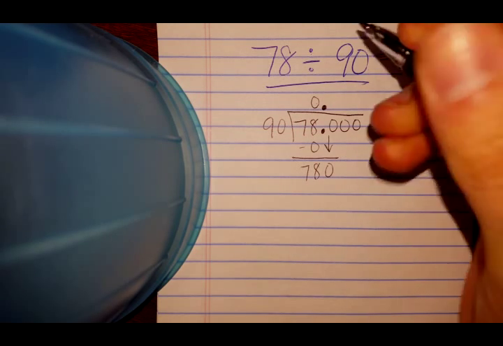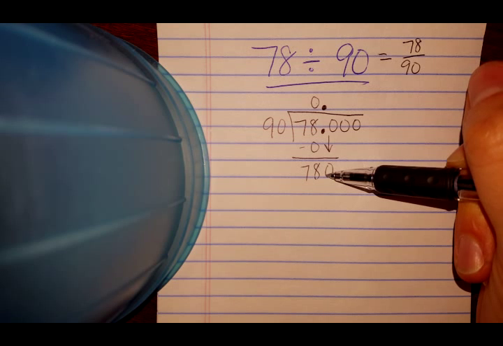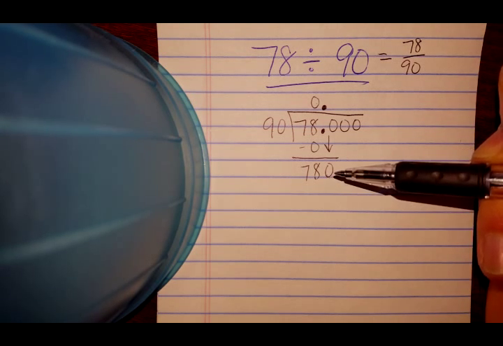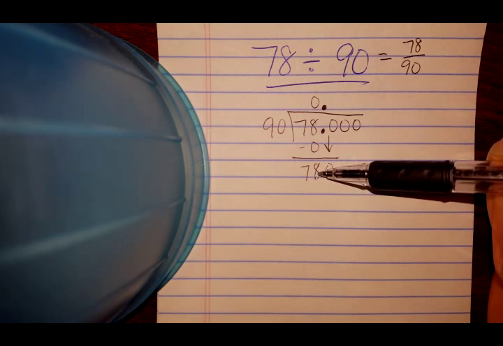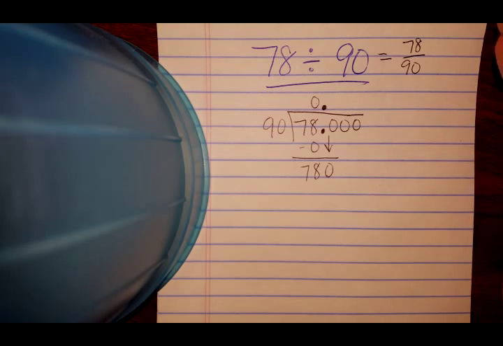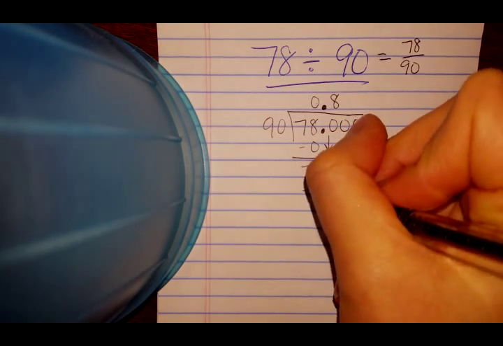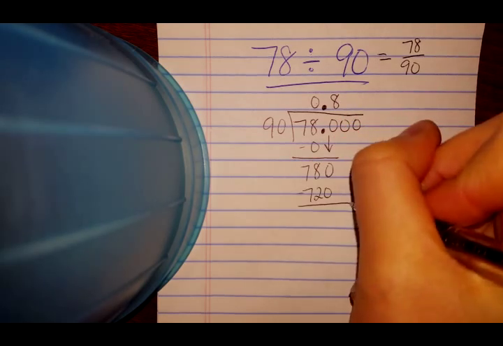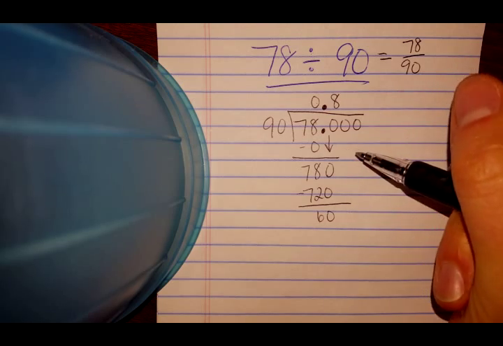So now I'm asking, how many times does 90 go into 780? So let's think about that a little bit. Well, I know 90 would go into 720 8 times. So 8 times 90 is 720. And I've got 60 left over.